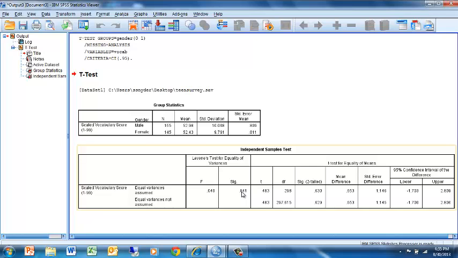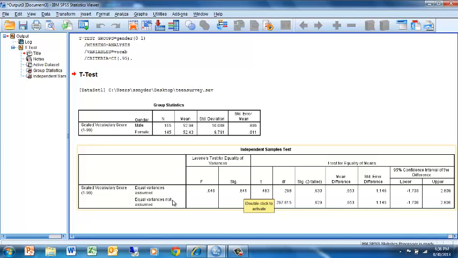The null hypothesis in terms of this test is that the two variances are equal. In this case, we do not reject that null hypothesis because this value here of 0.841 is greater than 0.05. So that means we'll be able to use this upper row, those that are tied into the equal variances.